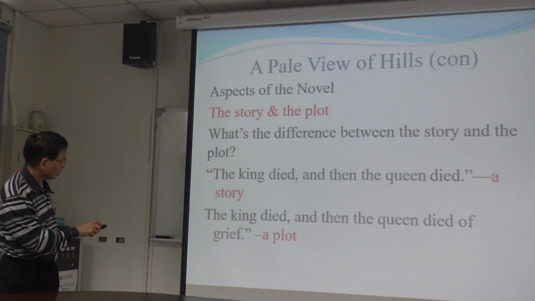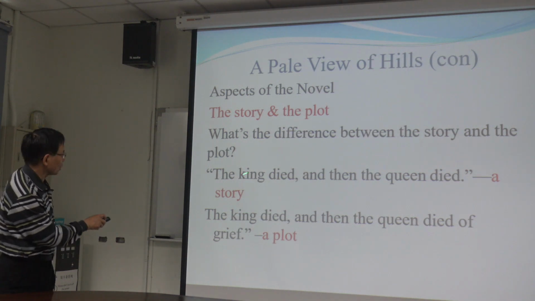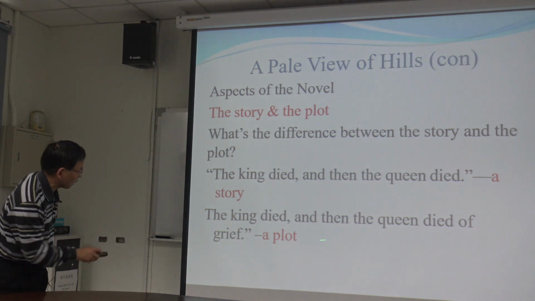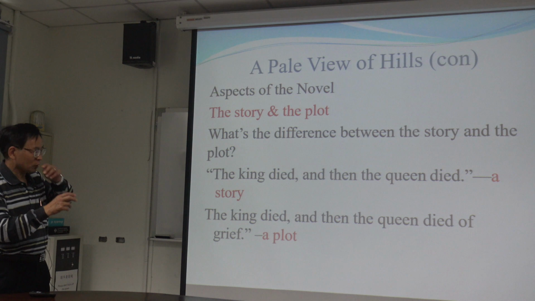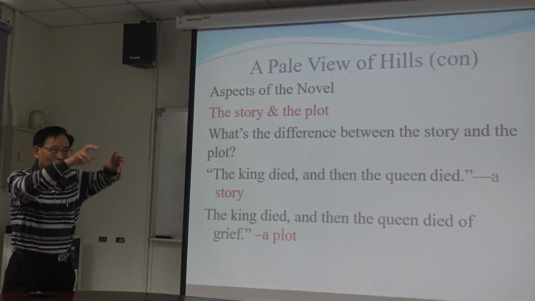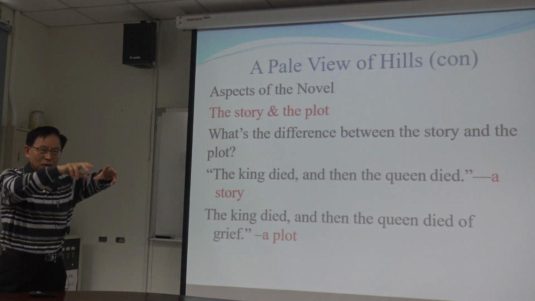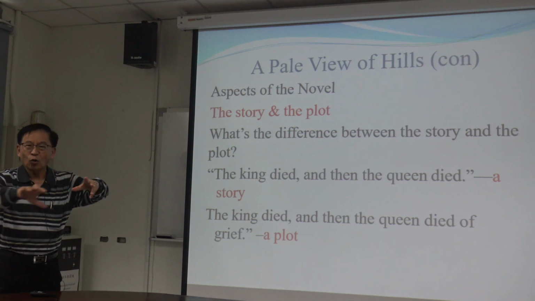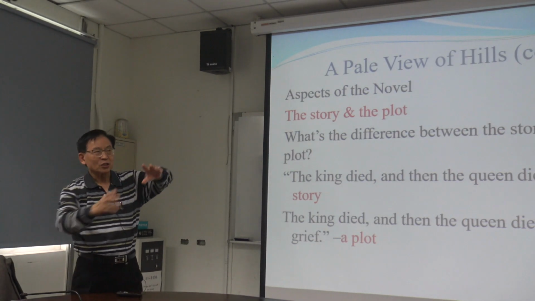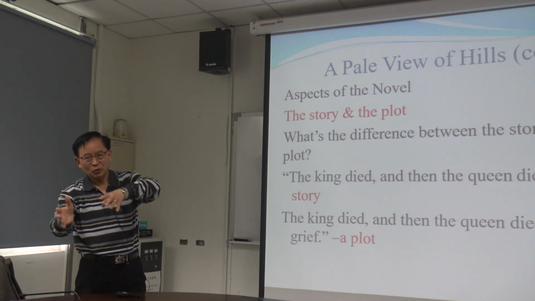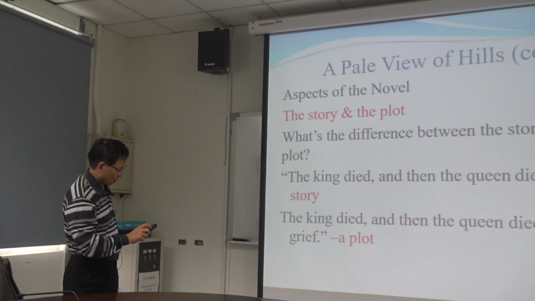Then this is called the plot. So you see the difference between a story and a plot. The major difference is a plot is a story arranged in causal sequence. Causal, in other words, cause and effect. Okay, this is the difference.